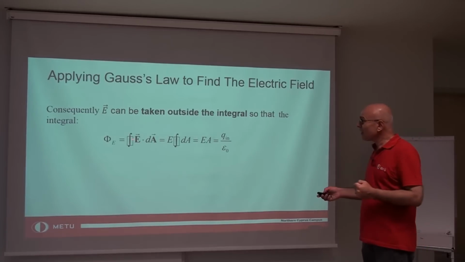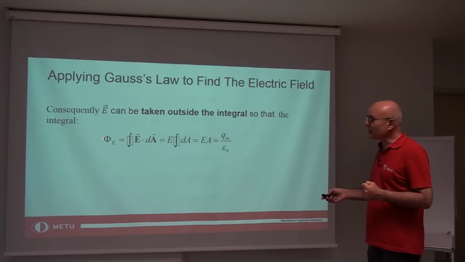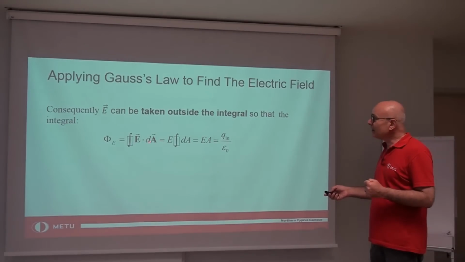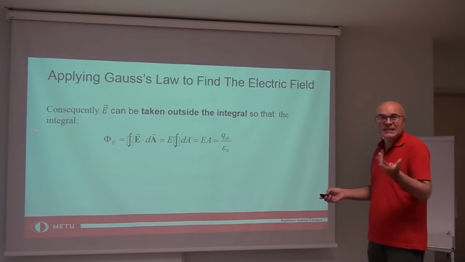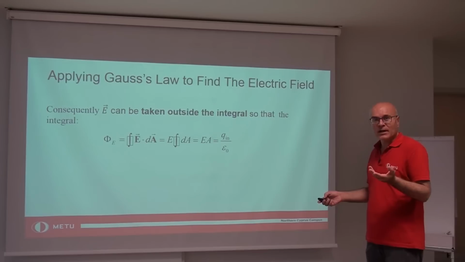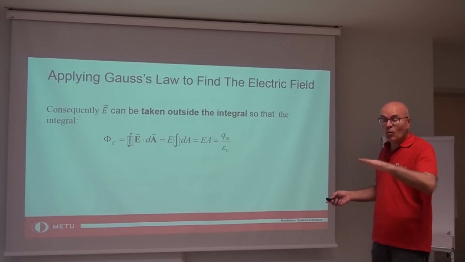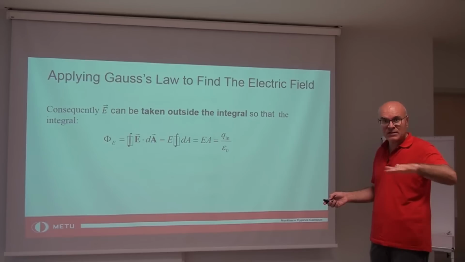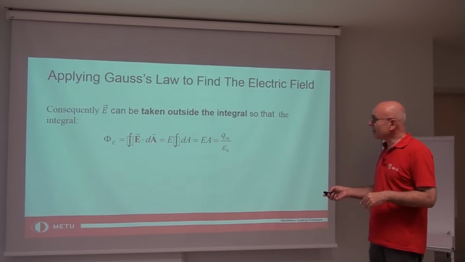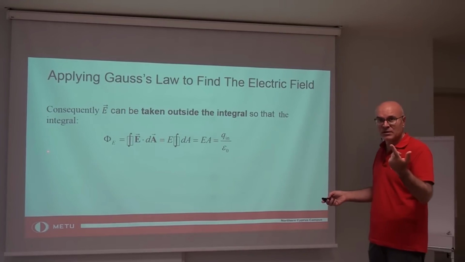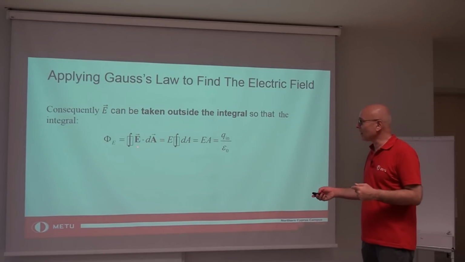Now, if you choose your Gaussian surface so that E is parallel to dA, then E dot dA reduces to E dA for all dA. This means that the electric field should be parallel to the normal throughout the whole surface. If this happens, then E dot dA reduces to the modulus of E times dA multiplied by 1, which is cosine 0, when they are parallel.